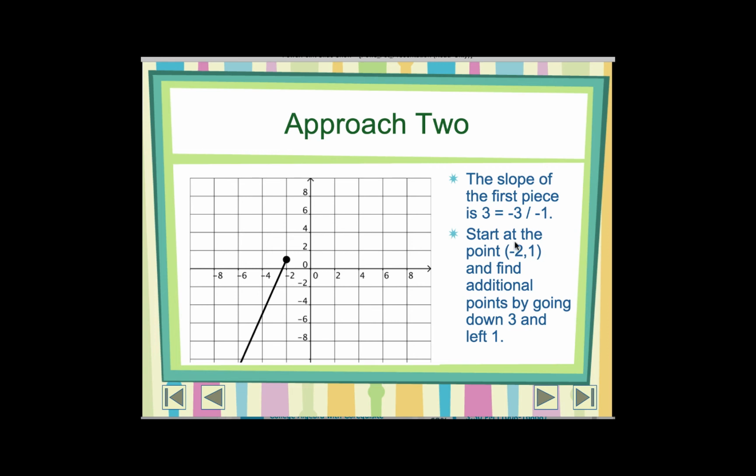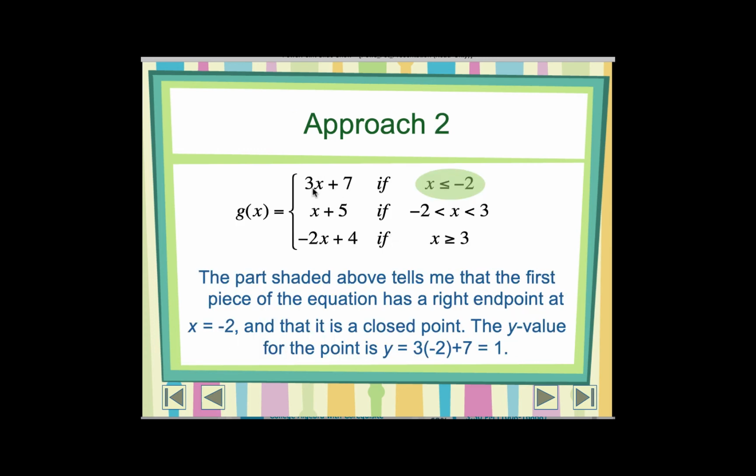You could also do this by just picking another x value. We knew that we were using x values smaller than negative 2, so you could take negative 3 and plug it into the original equation. So if I plug negative 3 in here, I would have negative 9 plus 7 is negative 2.